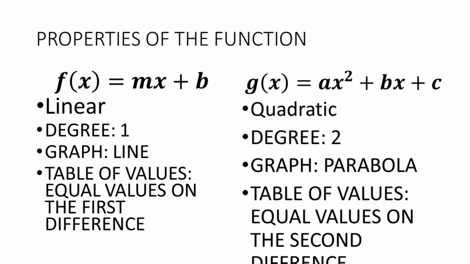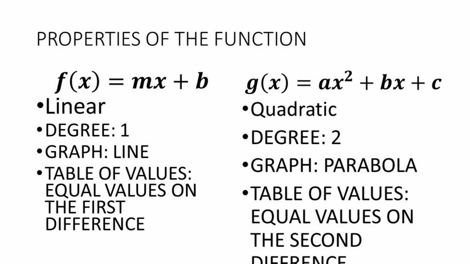So now let's have the properties of each function. For f of x is equal to mx plus b, it is a linear function with a degree equal to 1, a graph which is a line, and given a table of values, we could notice that it has equal values on the first differences.